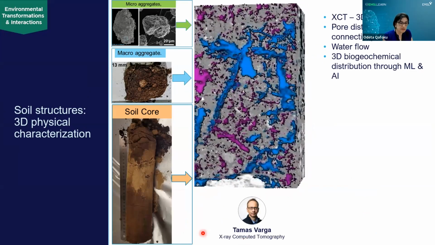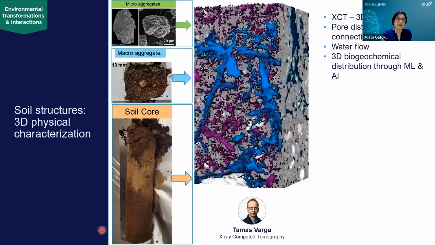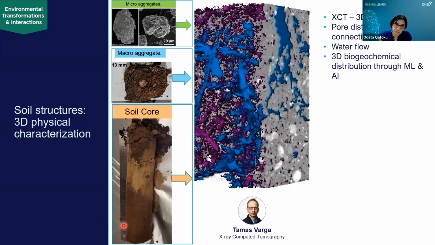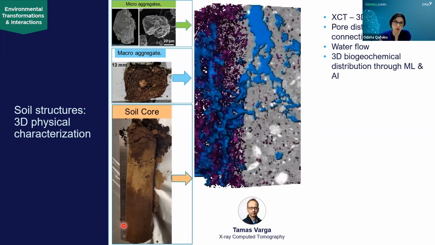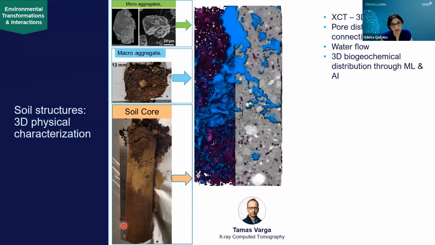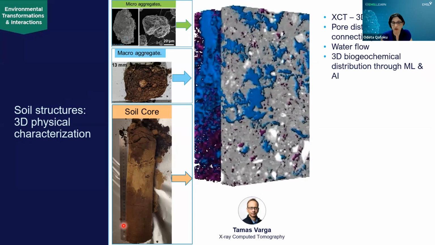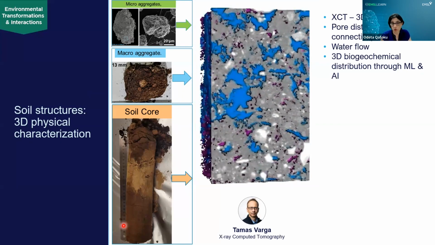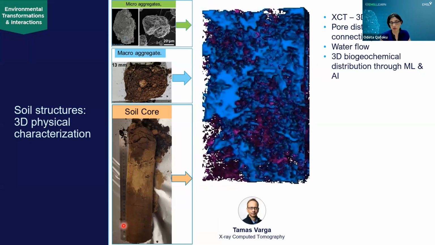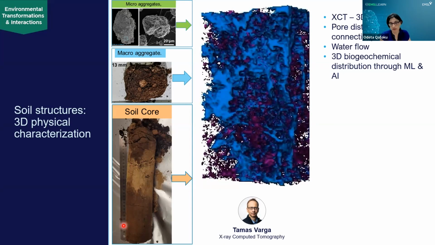And I did mention that XCT is used for getting the root architecture, but XCT can also be used very efficiently for understanding soil structure and the distribution of soil physical properties.